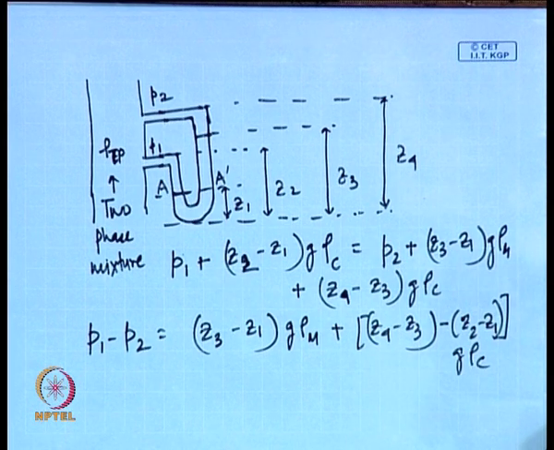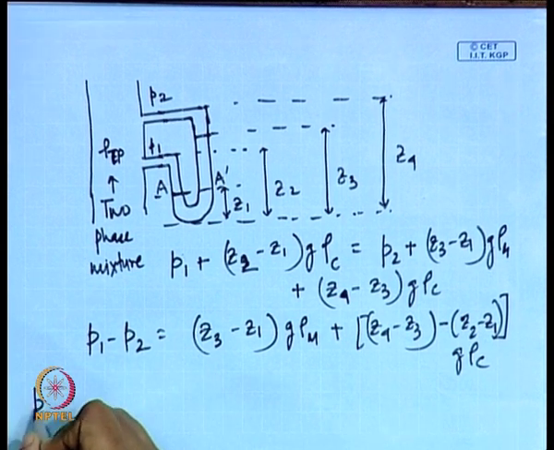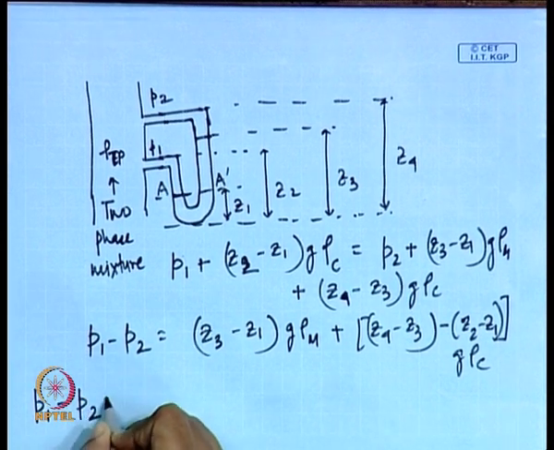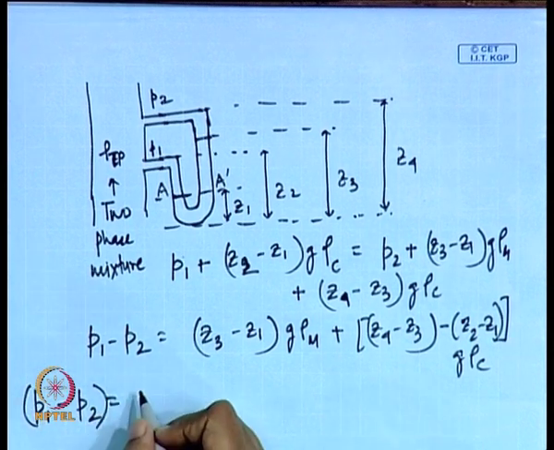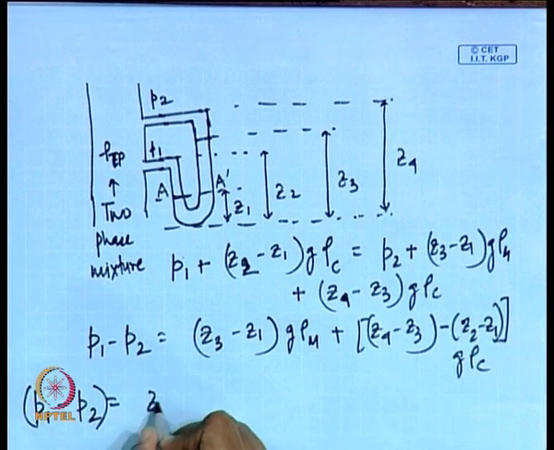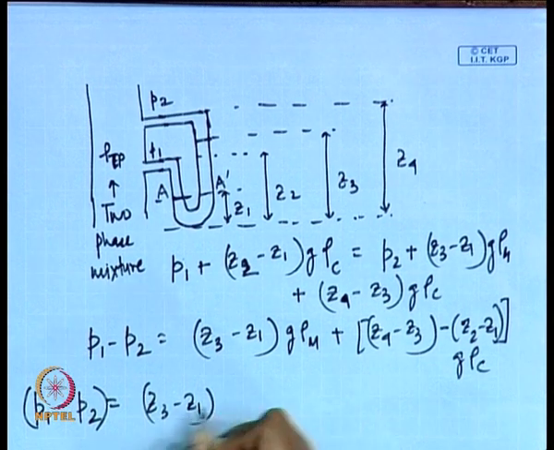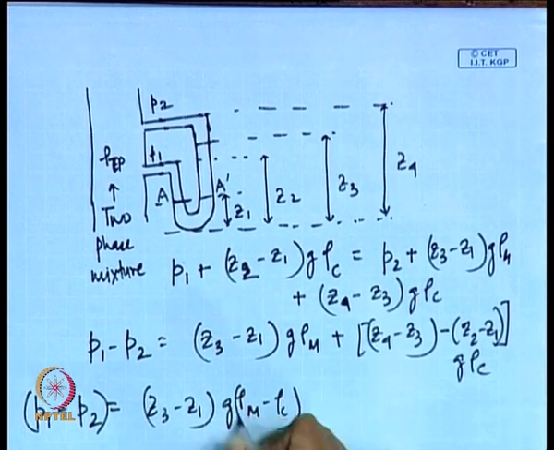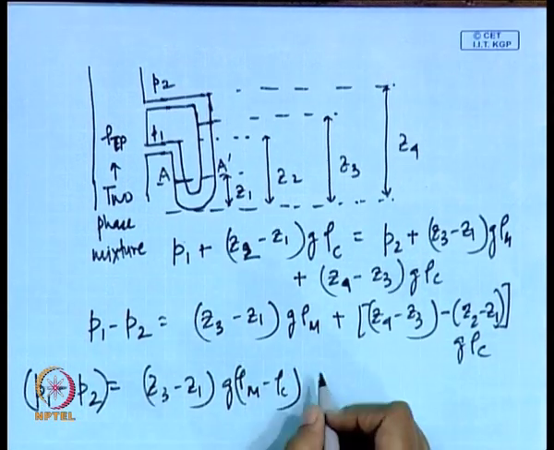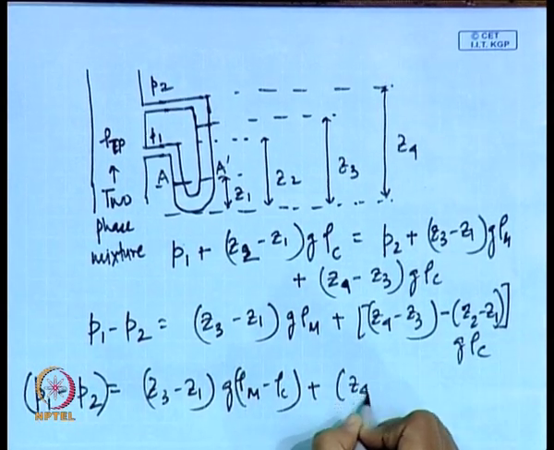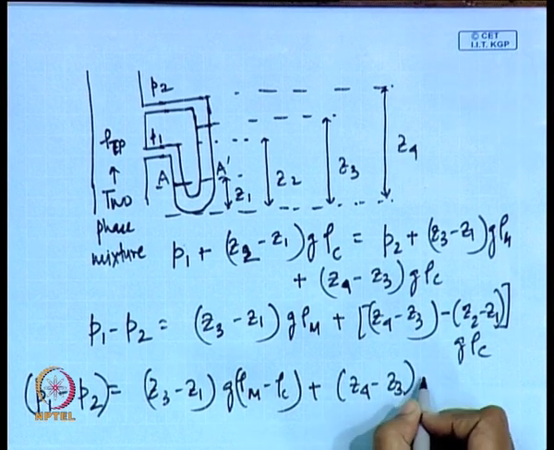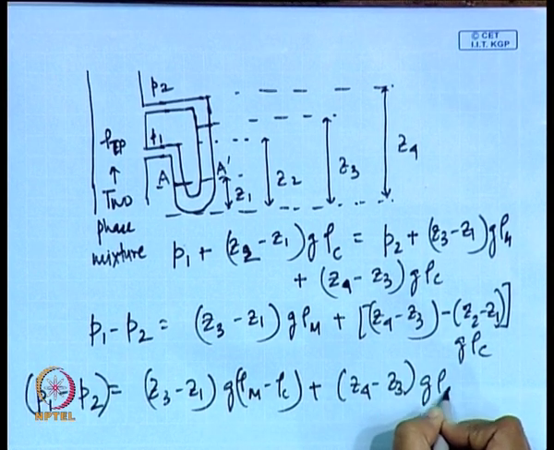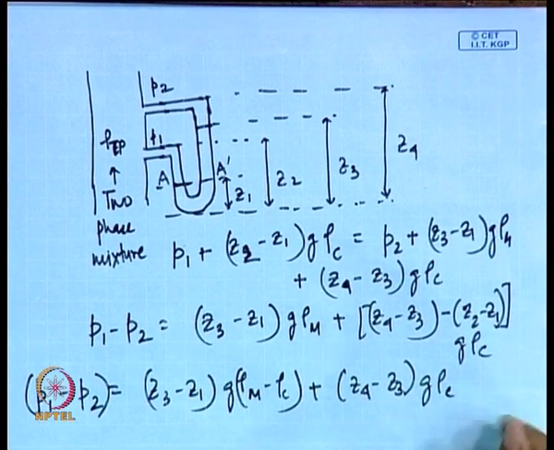Correct. Just from the typical force balance we have got this particular part, or in other words this can be rearranged and written as P1 minus P2 equals Z3 minus Z1 G rho M minus rho C, plus Z4 minus Z3 G rho C. Agreed?